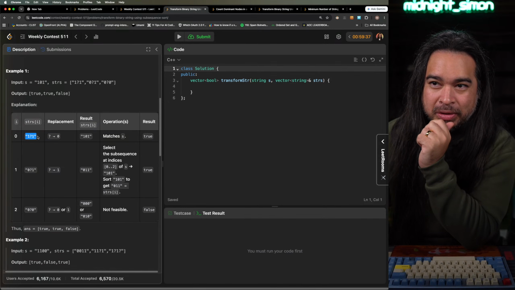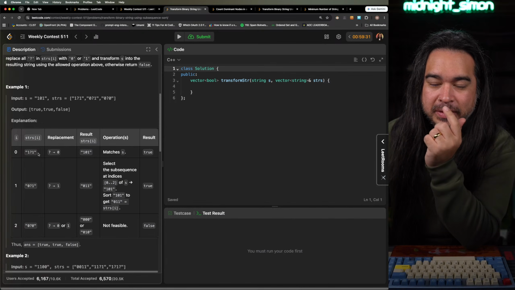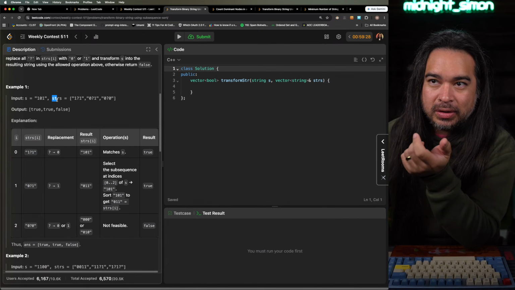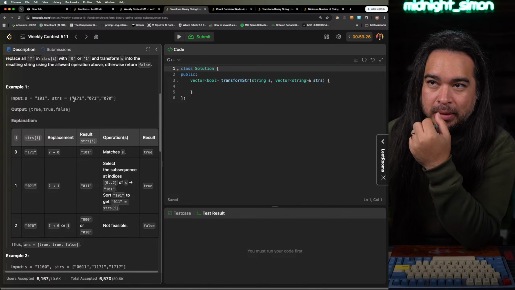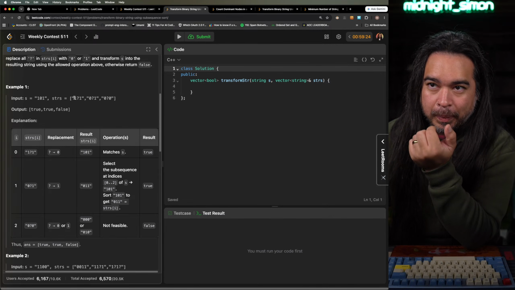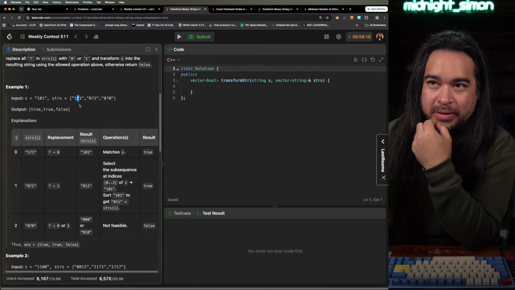Man, there's so many strings they give here. Alright, how can we know if a single string in strs is possible? Well, if everything matches up in spots that aren't question marks, that means it's possible.